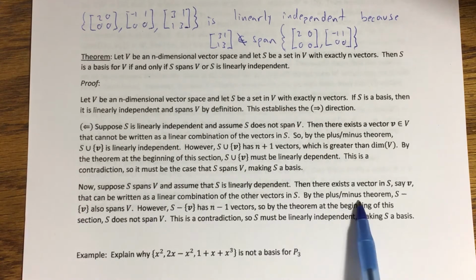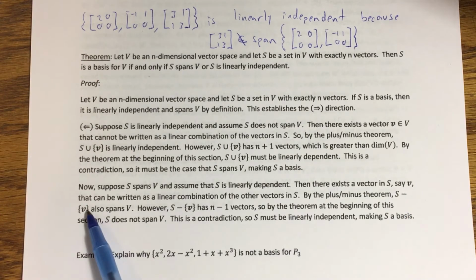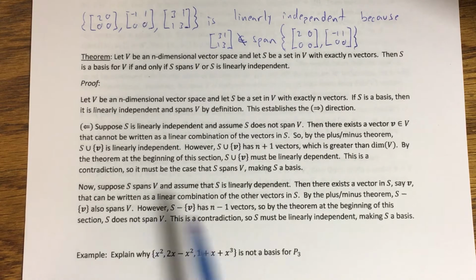Okay, but according to our plus-minus theorem, S minus V, so the set that we obtain by taking S and throwing V out of it, will still span all of V. That set, however, has n minus 1 vectors.